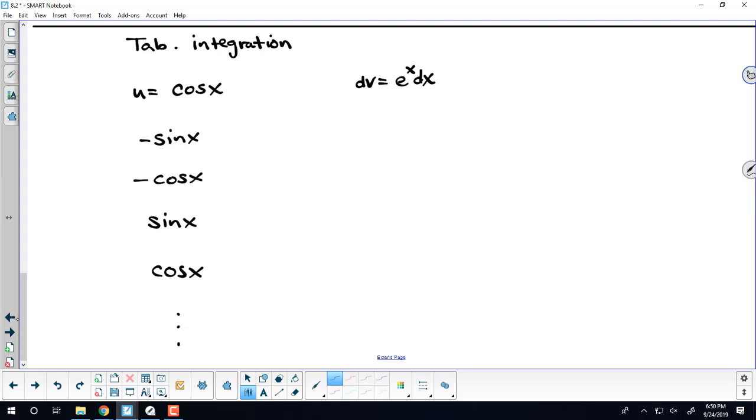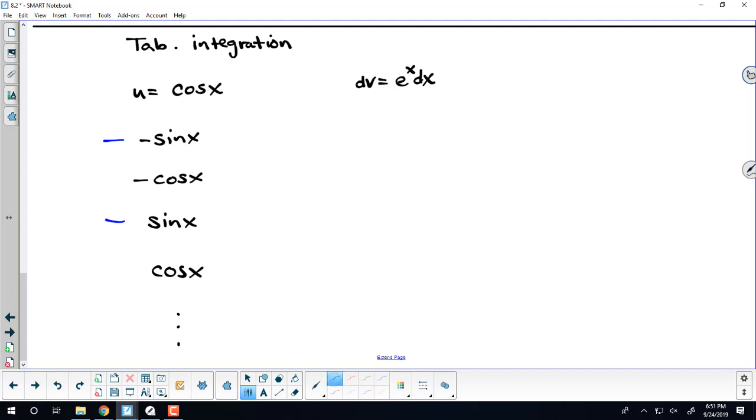Remember, the second column needs to alternate signs: positive, negative of that, positive, negative of that, positive, whatever, right? It's a crucial step if you're using tabular integration.